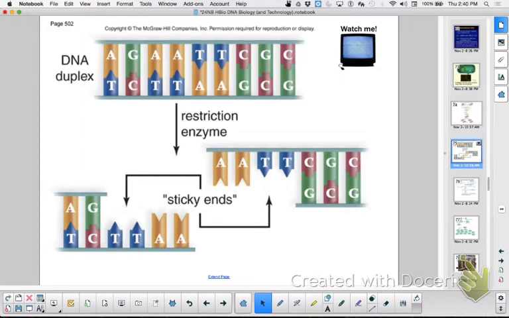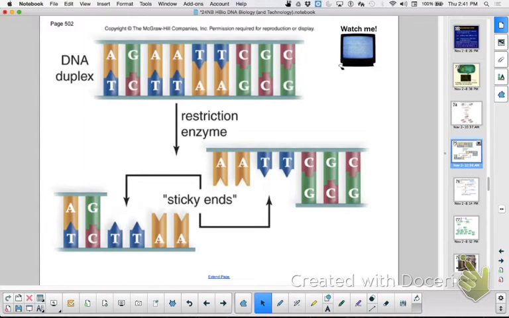This only works if you're coming across the DNA and you're exposing these base pairs because they're going to want to make a hydrogen bond with a complementary base, right? A with T and G with C, right? So these are sticky ends. Since restriction enzymes cut at a specific series of bases, they will have these sticky ends. If the sticky ends are the same, then you can mix and match DNA.